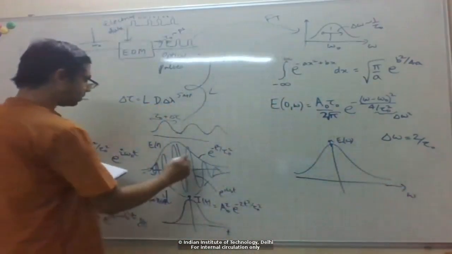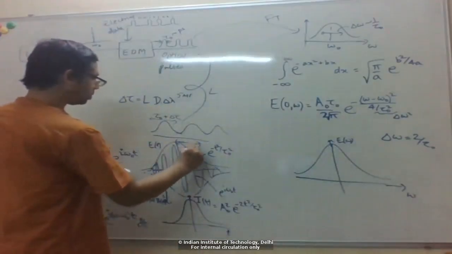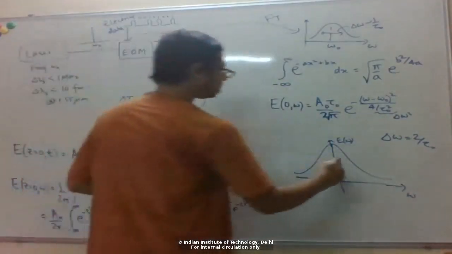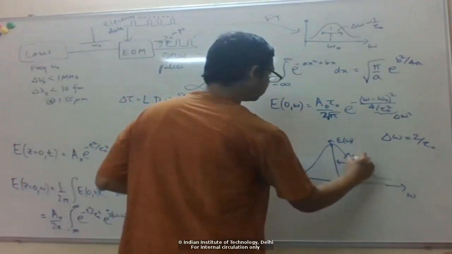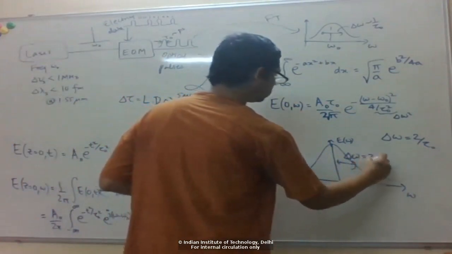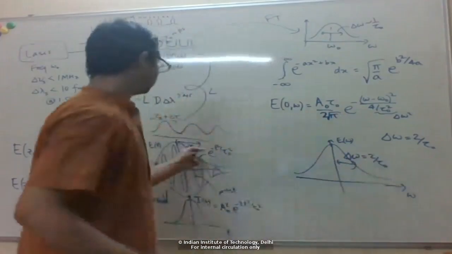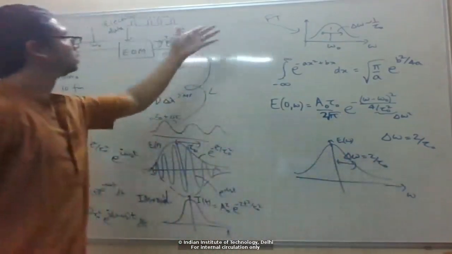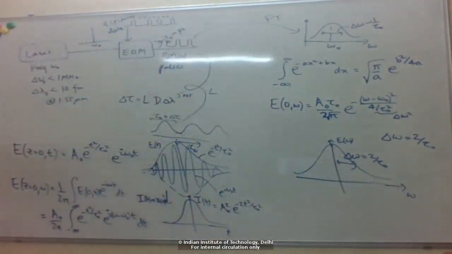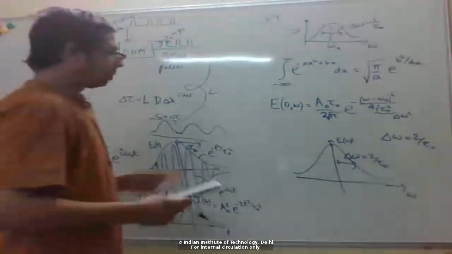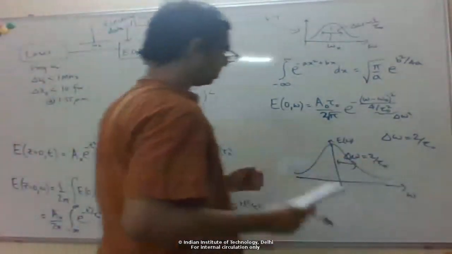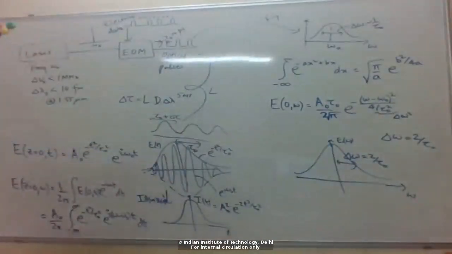Right. So the width here was tau naught. The width here is delta omega, which is equal to 2 over tau naught. Okay, so it's inversely proportional to tau naught, as we argued. But here we can see what the exact relationship is. It's 2 over tau naught.